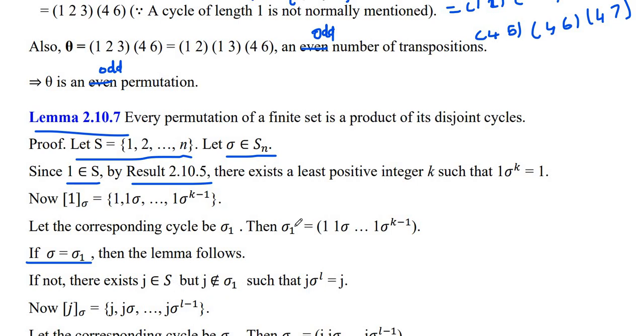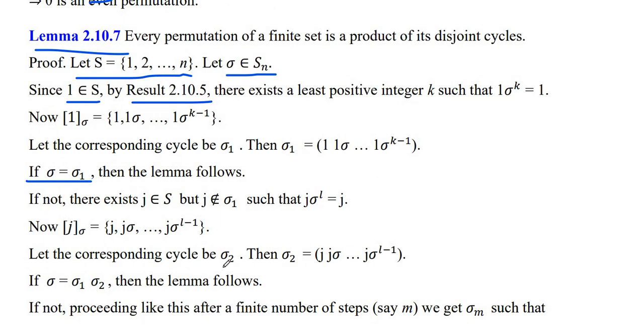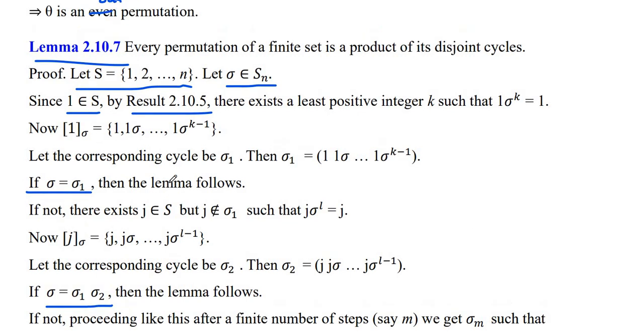Such that, again by the same result, the image of j under sigma power l gives us j. Consider the orbit of j under sigma, and let the corresponding cycle be sigma 2. Then sigma equals sigma 1 sigma 2.